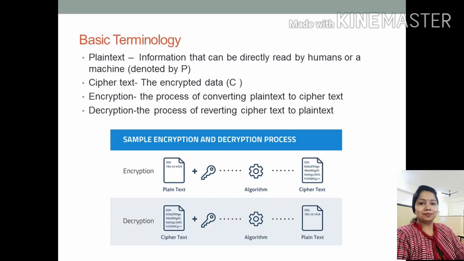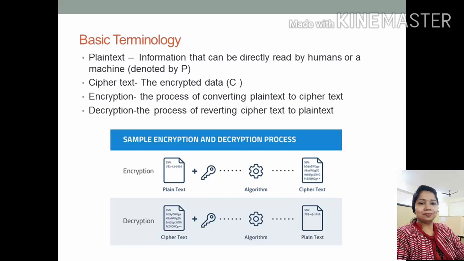Then we have the other terminology, that is encryption and decryption. Encryption is the process of converting plain text to a ciphertext, and decryption is a reverse process where we convert a ciphertext to a plain text. This process is described in this given diagram.